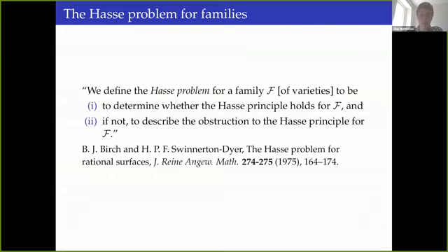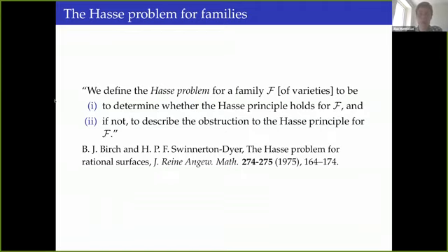And for this, I will start with a quote from a paper of Birch and Swinnerton-Dyer called the Hasse problem for rational surfaces. This is a paper that was already mentioned in Tim Browning's talk.